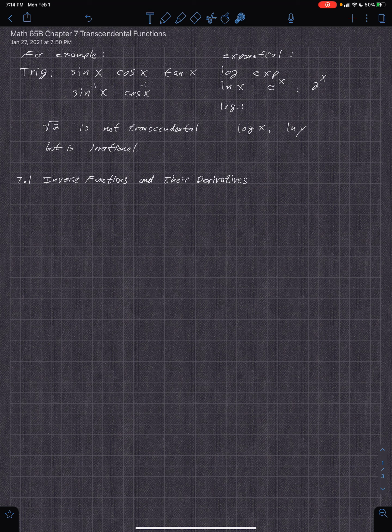There are other ways to define it and be real careful about it, but basically it's just talking about all those different types of functions that don't have to do with polynomials. In other words, when you have roots of polynomials like root 2 or fifth root of something, those are all considered not transcendental. So that's what we're talking about.